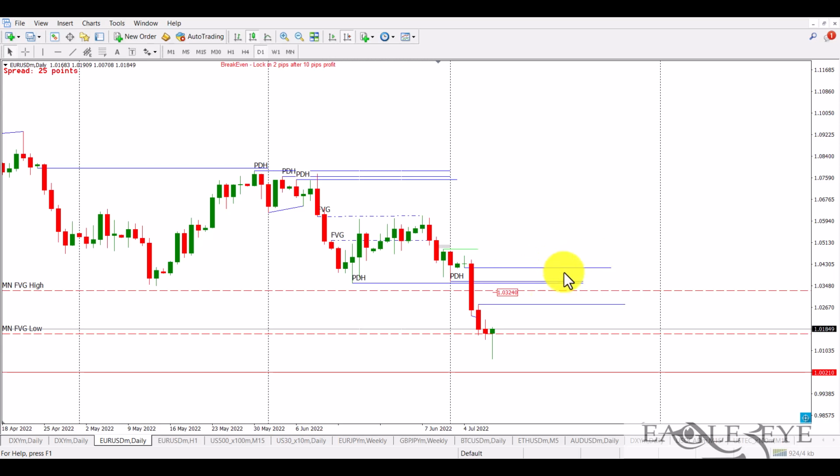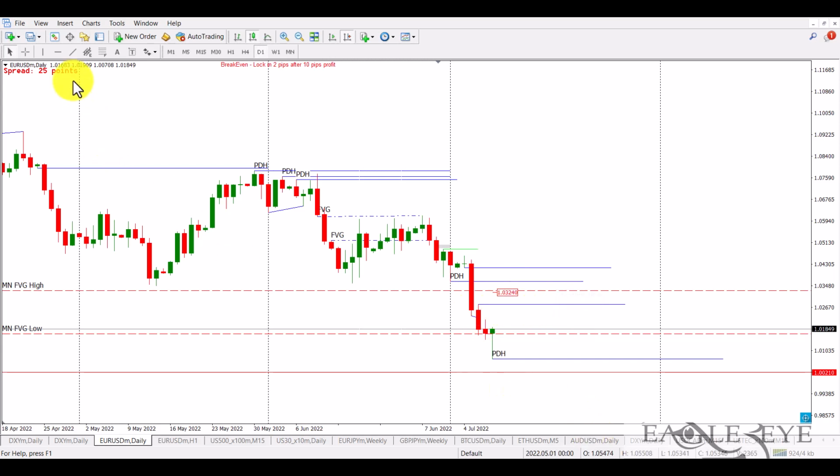So that's what I'll be expecting in the USD in the coming week: this low to be run out. But before that, you can expect that when price takes out this particular high, we expect to reach into this particular high right here.